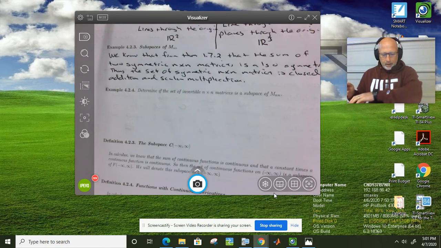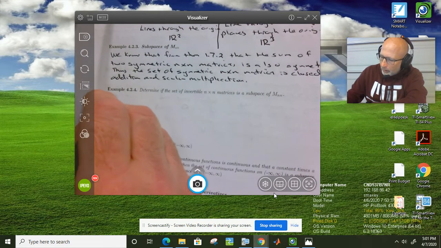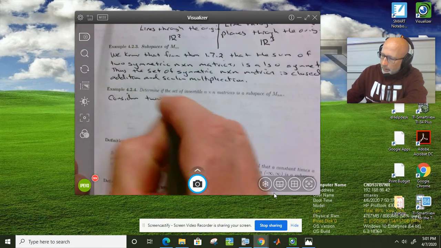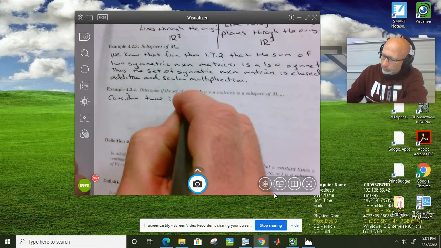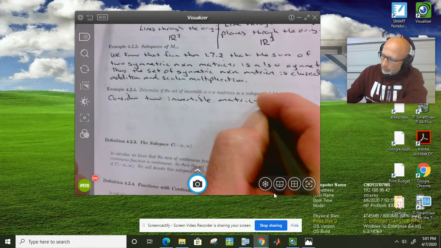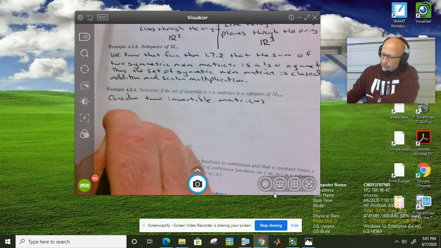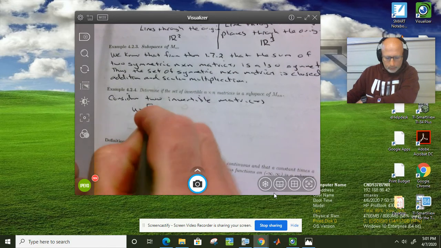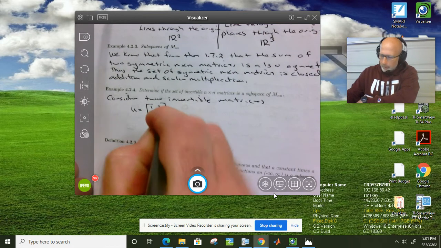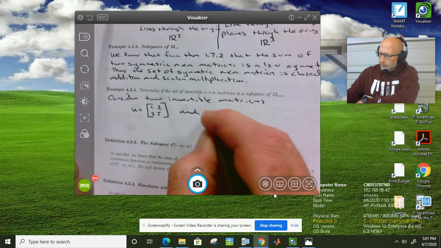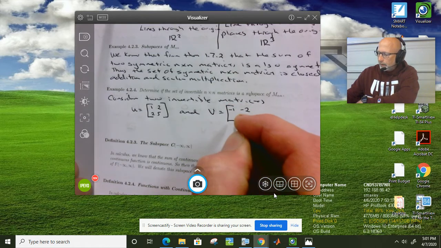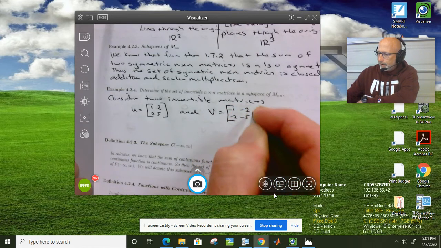That's because we can consider two invertible matrices. U is the matrix [1, 2; 2, 5], and V is its negation, [-1, -2; -2, -5].